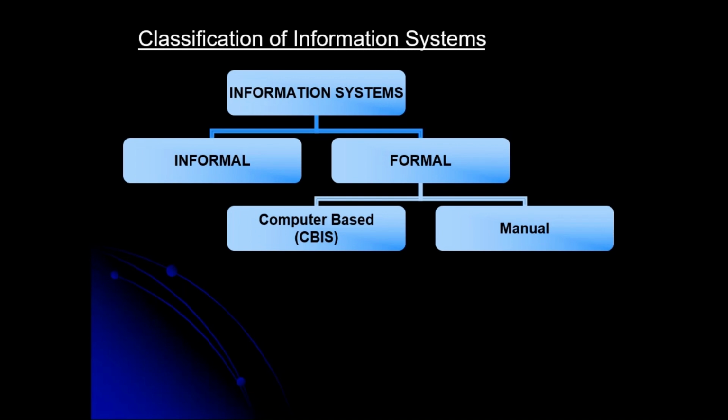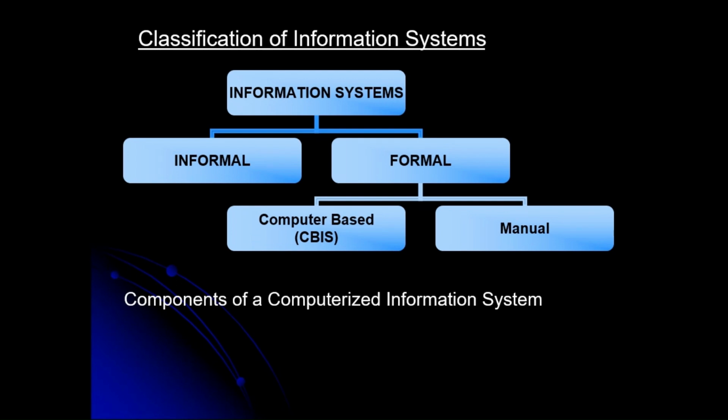With that, what we are going to learn here is about computer-based information systems and the life cycle of the development of these systems. So let's see what the components of a computerized information system are. A computerized information system basically consists of hardware, software, databases and people.